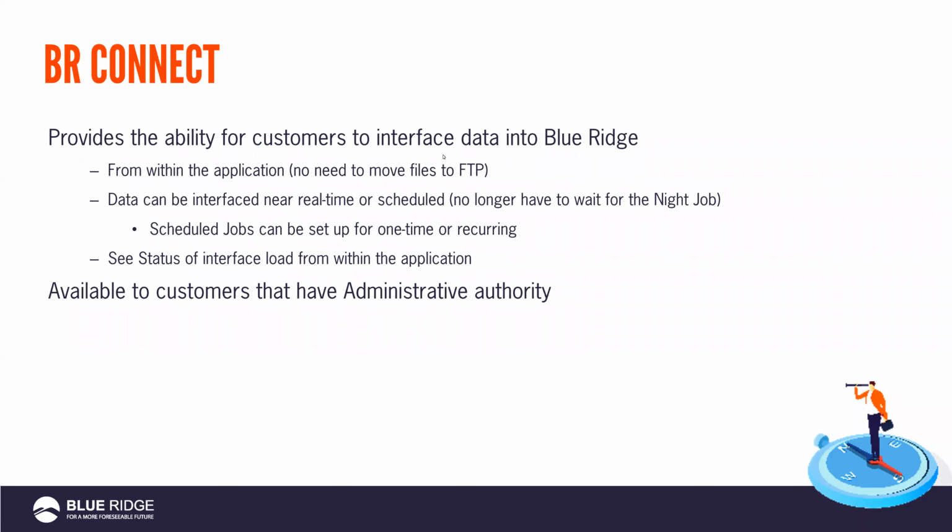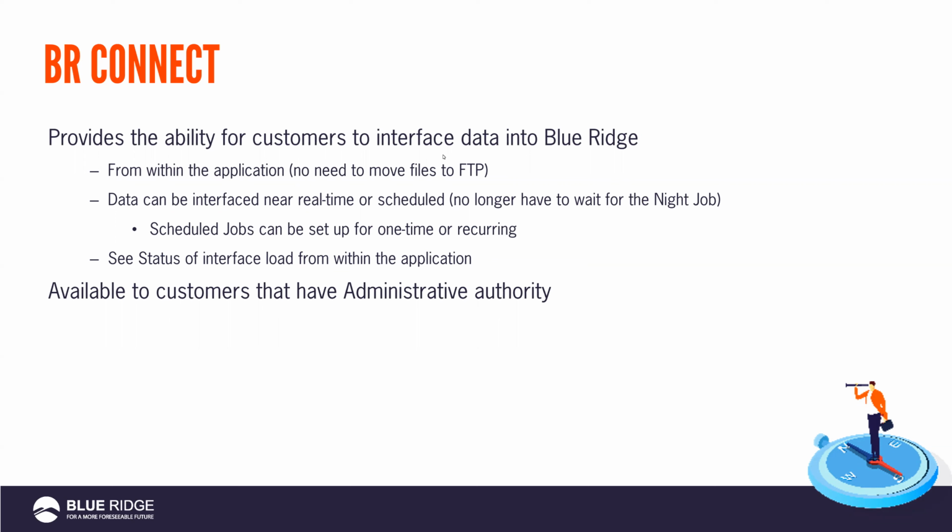This tool allows you to connect that data into Blue Ridge. So this data may be available in Excel spreadsheets, text files, and BR Connect will allow you to upload the data in bulk, as opposed to making these changes manually, one item or one source at a time.